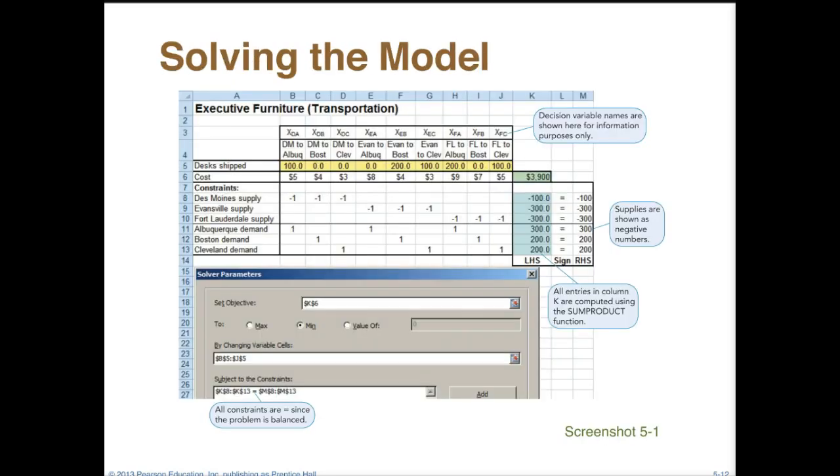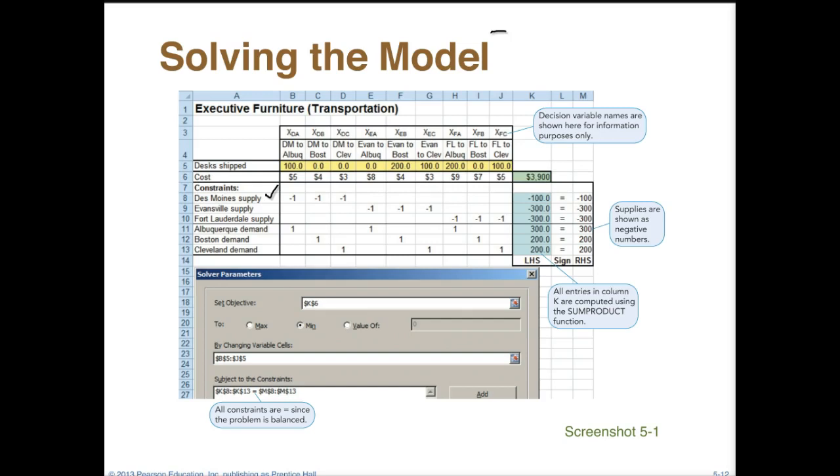So now that we see how to set that up, this is how we could do it in Excel. Here you see that for the supply, everywhere where we got something leaving the Des Moines factory, we put negative ones there.